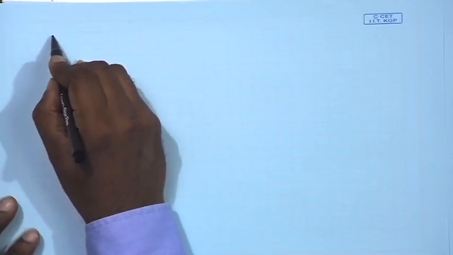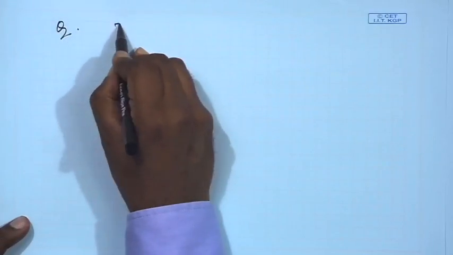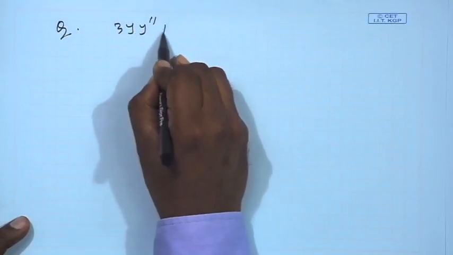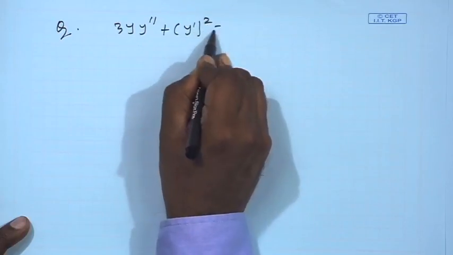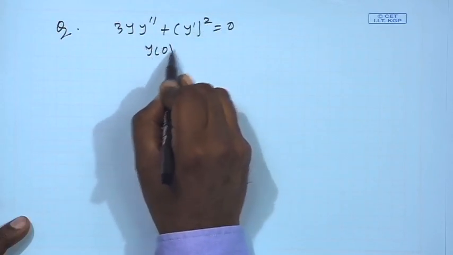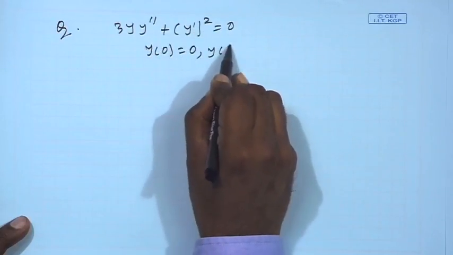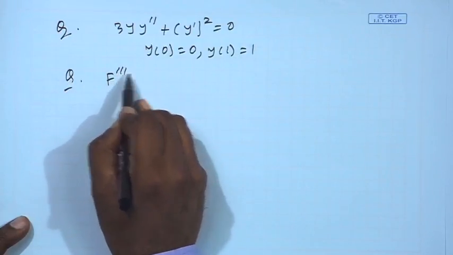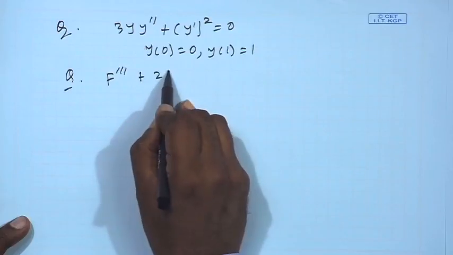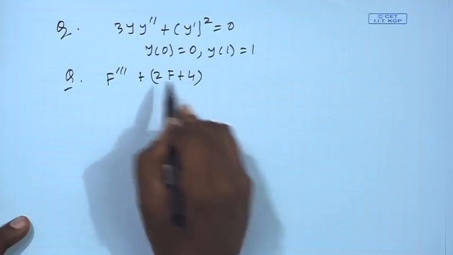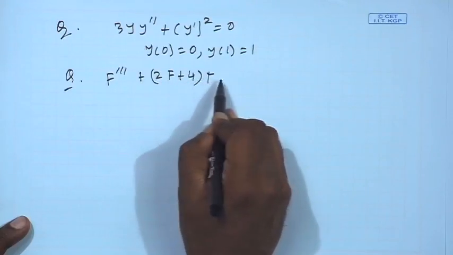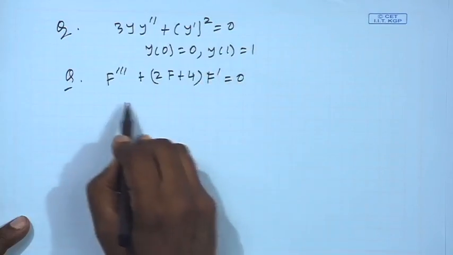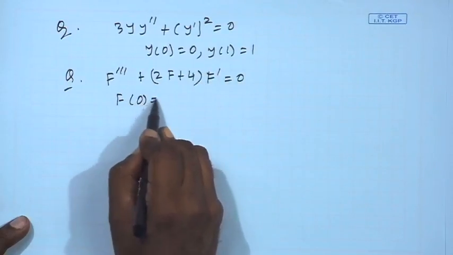Okay, now one more problem I can give is 3y y double dash plus y dash whole square equal to 0, y0 equal to 0, y1 equal to 1. Then another is the Hamel flow through an orifice, an orifice fluid dynamics problem, flow past an orifice.